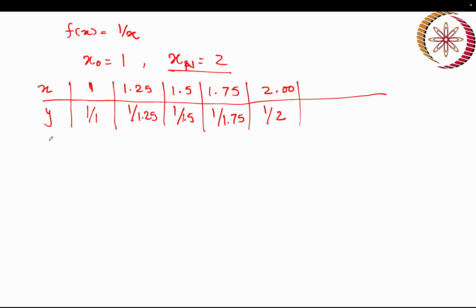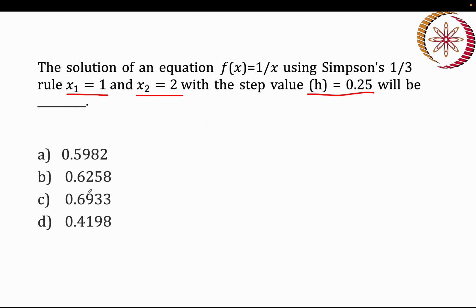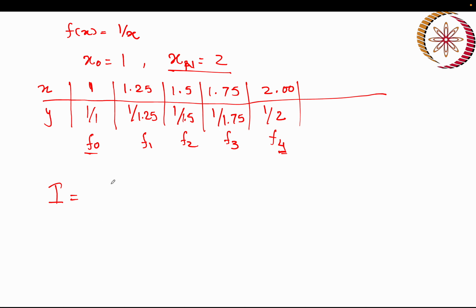And next, as per our convention, you can say f0, f1, f2, f3, and f4. So similar to the previous question, there are 5 points, or the count goes till f4. The integration here is much more straightforward, because we don't need y square or anything.